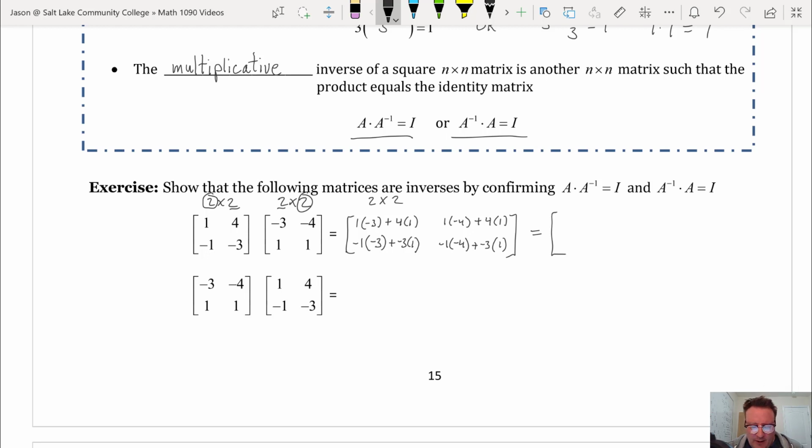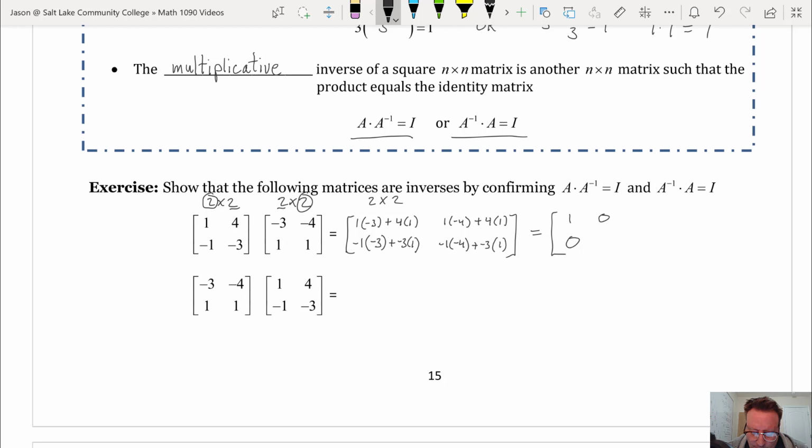Okay, let's simplify that. That first element simplifies to 1. This element in the top right corner simplifies to 0. The element in the bottom left corner is 3 minus 3, so 0.